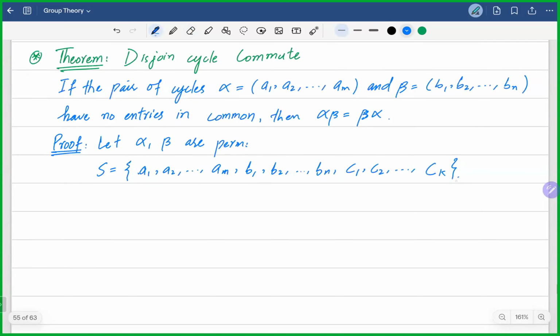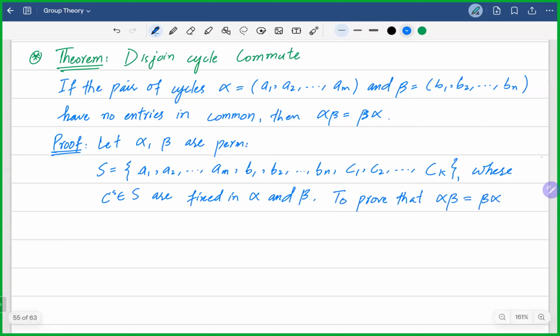So we can say that the C's from S are fixed by alpha and beta. Prove that alpha beta is beta alpha.